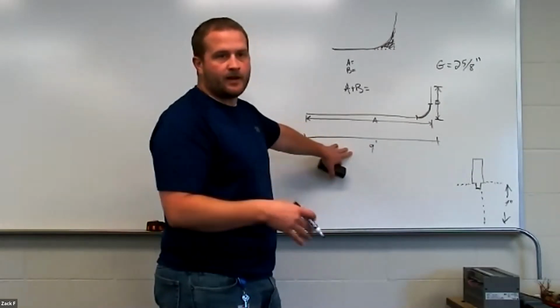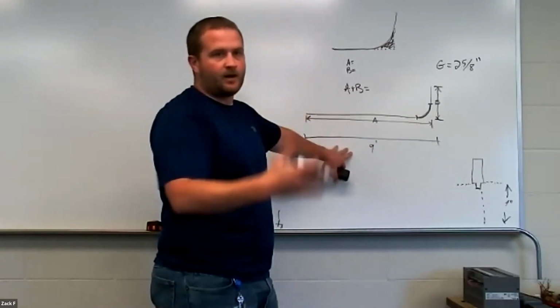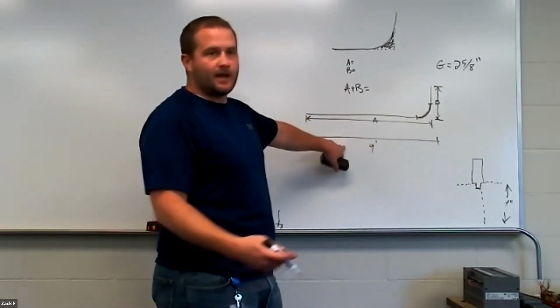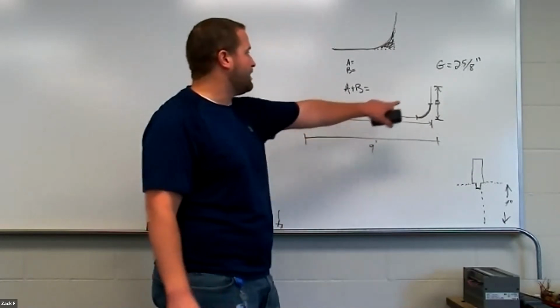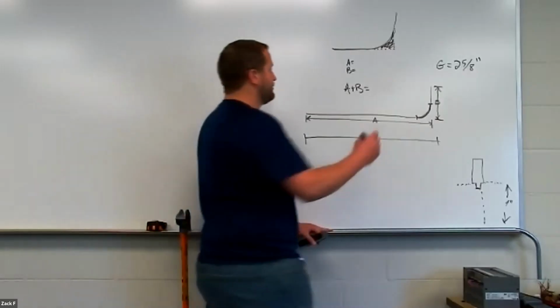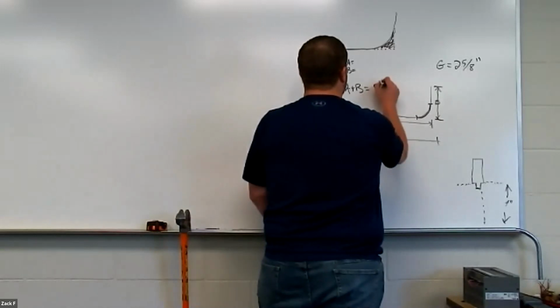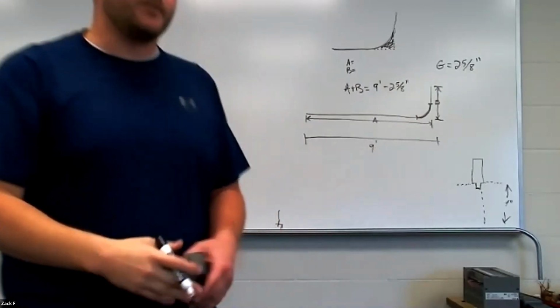I bent a stub 90, don't care where, don't care how tall. If it was 9 foot and then I bent a stub 90, when the gain is 2 5/8, what would A plus B be? It'd be 2 5/8 plus the original length. Yep. 9 feet, 2 5/8 inches. Right? That's really all you need to understand about gain.